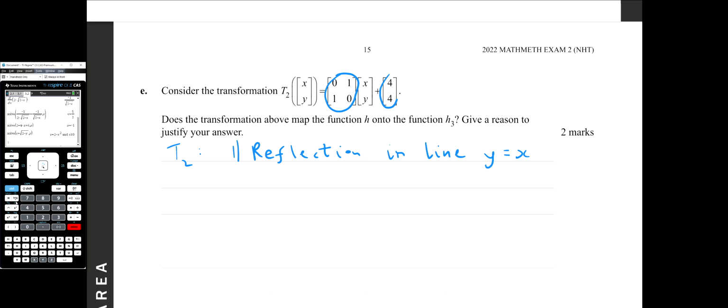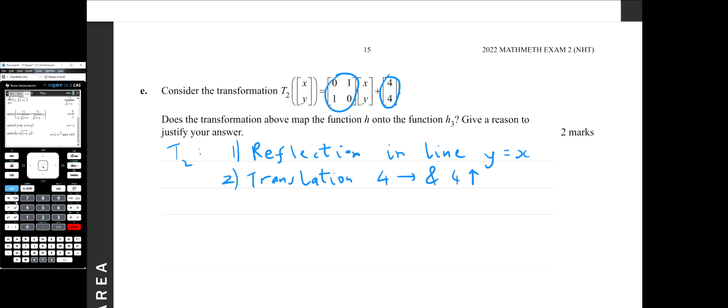And then the (4, 4) means 4 right and 4 up. So we translate, we've got 4 right and 4 up. Here's what's going to happen.